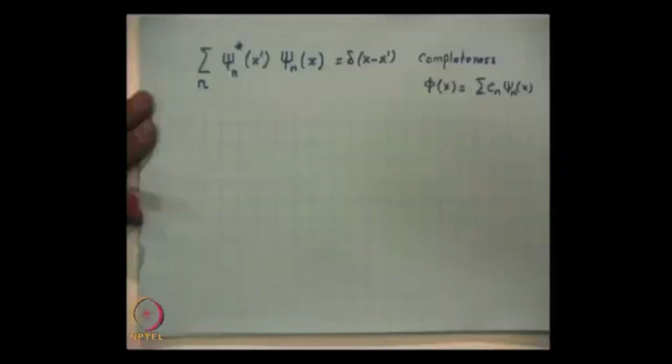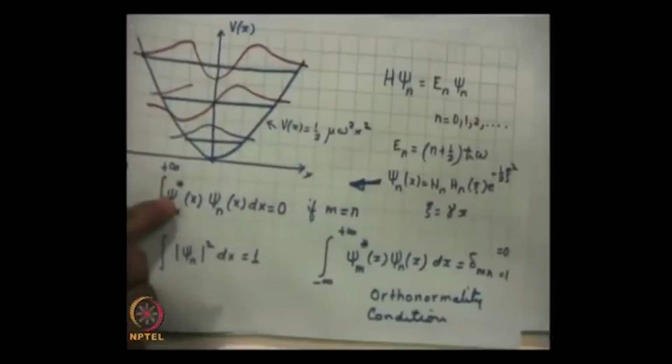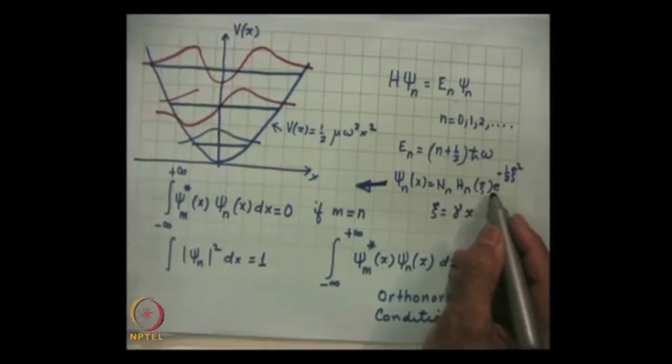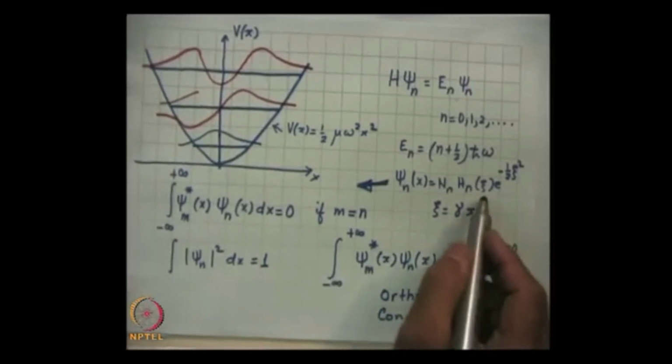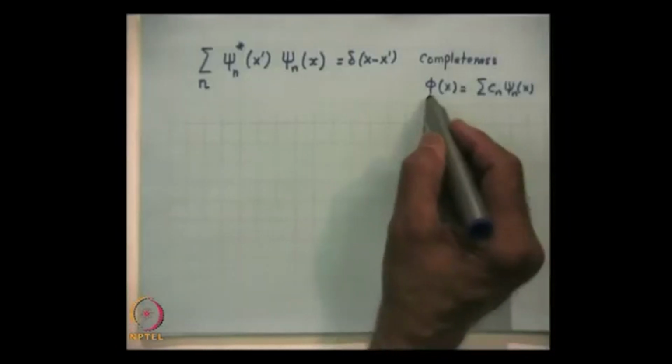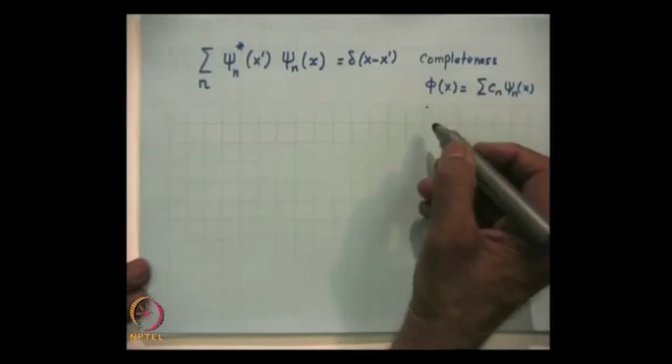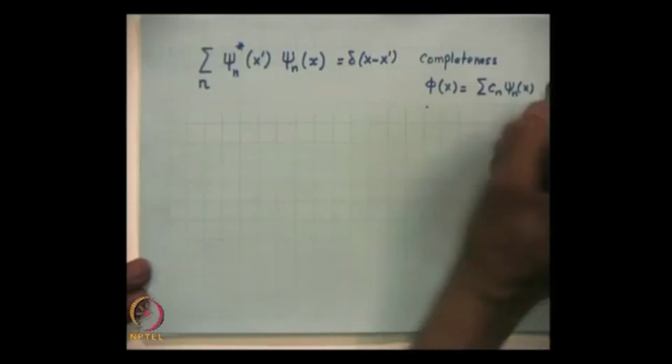Similarly, in the space from minus infinity to plus infinity, the Hermite Gauss functions that I had written down form a complete set, so any arbitrary square integrable single valued function can be expanded in terms of these functions.